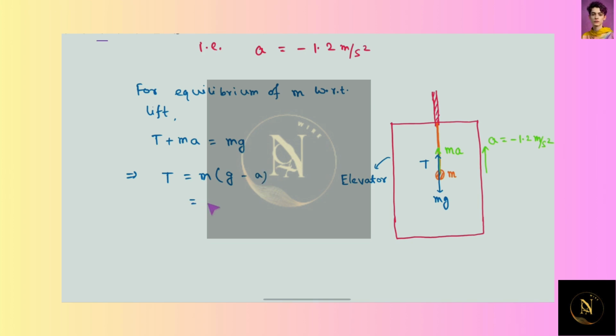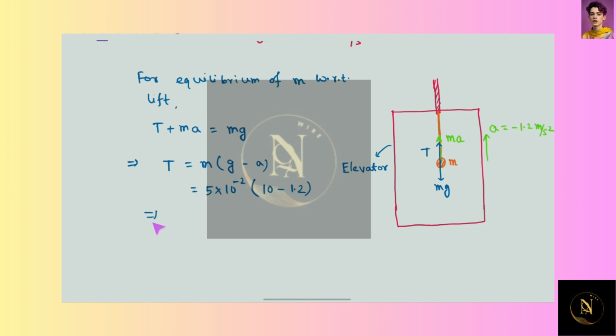If we put the values, 5 into 10 power minus 2 into g, we can take 10, minus a, which is 1.2. This is going to be approximately 0.44 Newton. So this is the answer for the second part. The tension force on the string is 0.44 Newton.